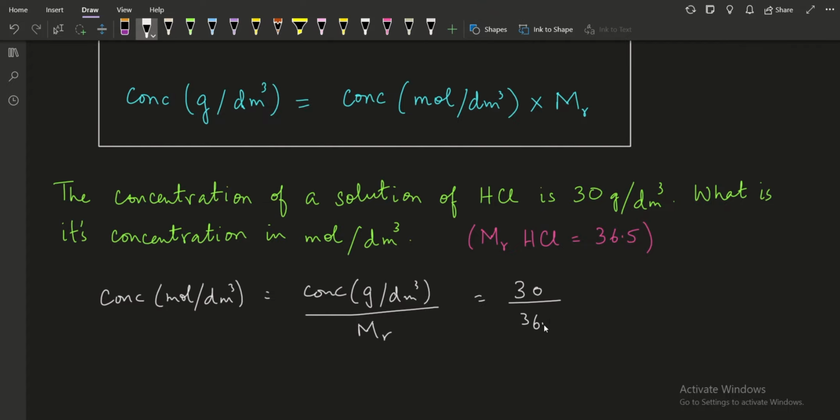MR is 36.5. So our concentration in terms of moles will be 0.82 moles per cubic decimeter.